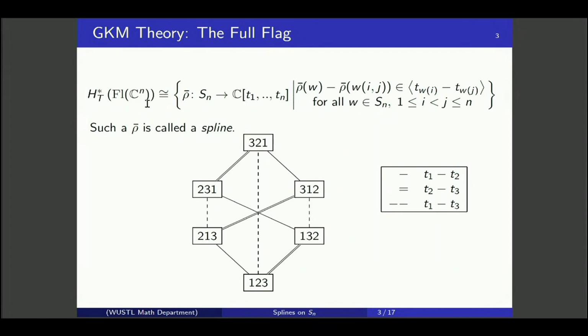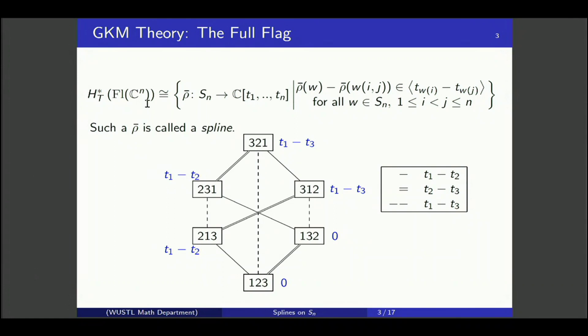Well, we could do something a little silly and put the exact same polynomial at every single vertex, so every difference along an edge is going to be 0 and tacitly contained within that ideal. But we can get a little bit more complicated.